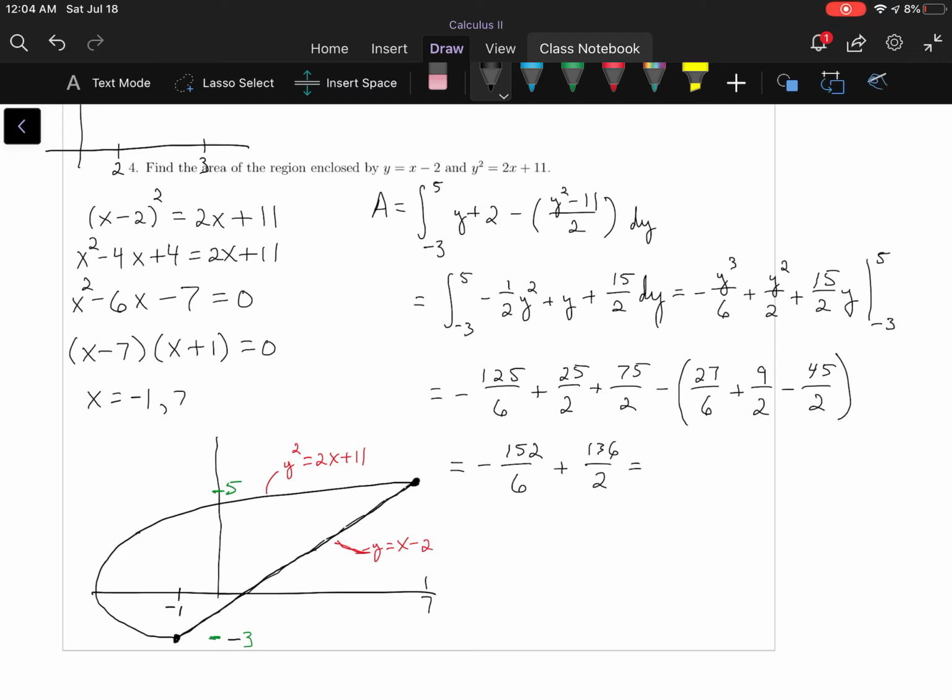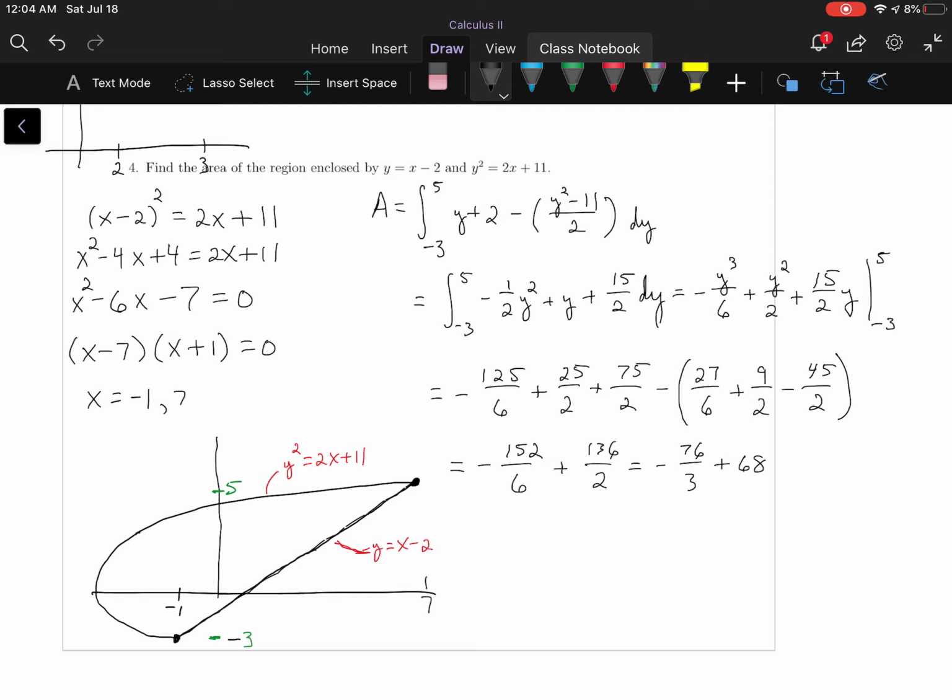And let's divide. Let's see. The first one is, if I factor out a 2 on top and bottom, I'm going to have minus 76 over 3. And the other fraction is going to become 68.